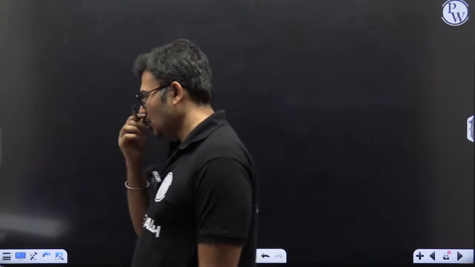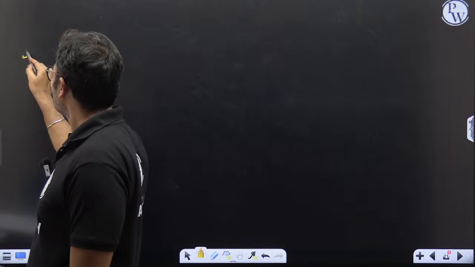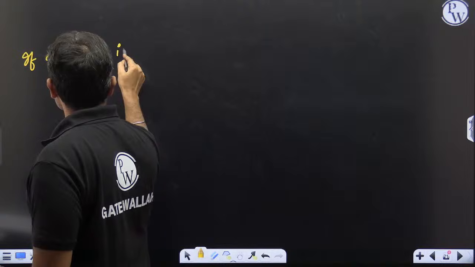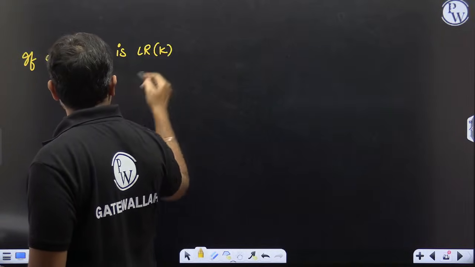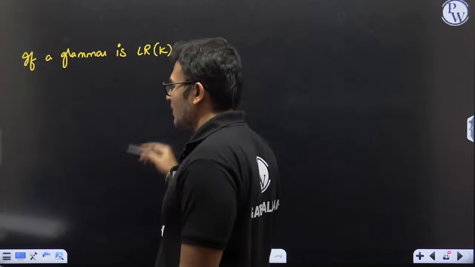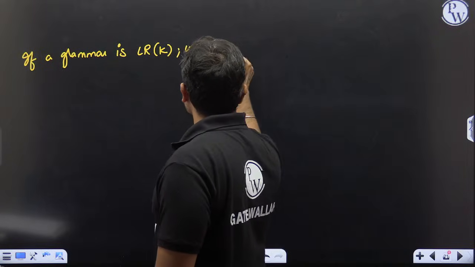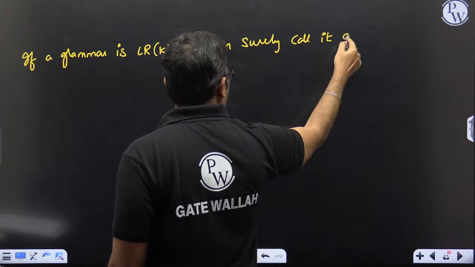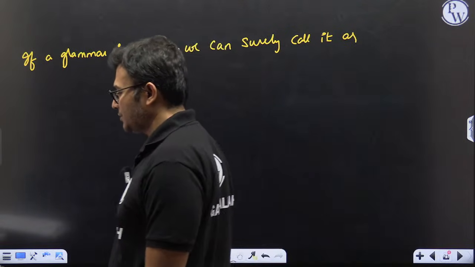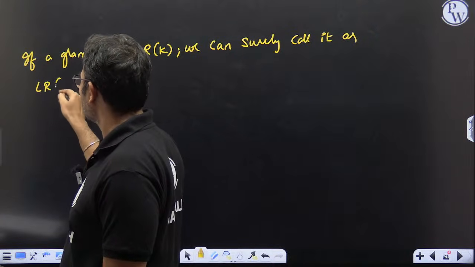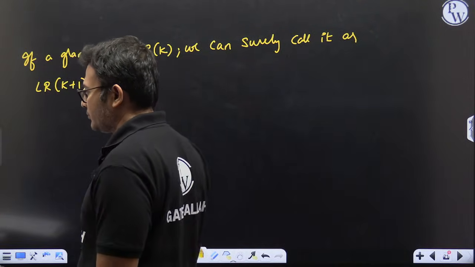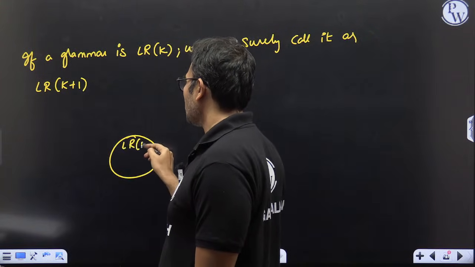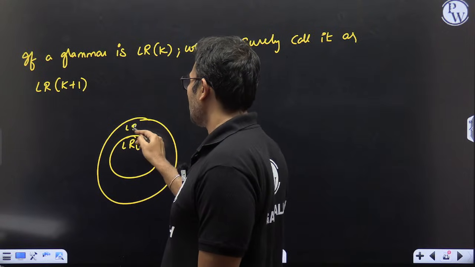And if a grammar is LRK, we can surely call it as LRK plus 1, which means if it is LR1, you can call it as LR2.